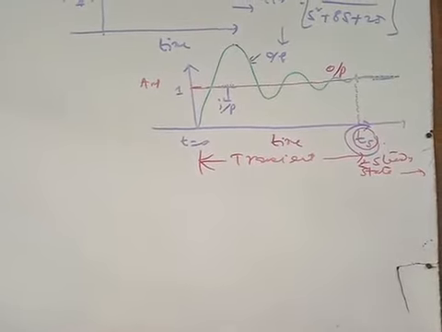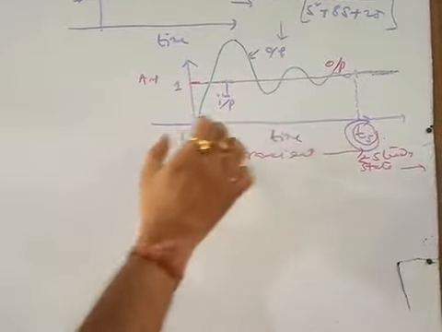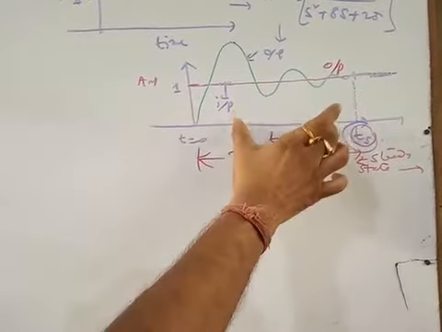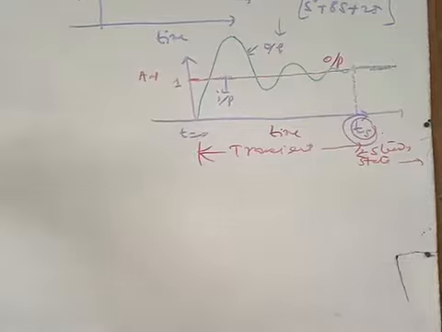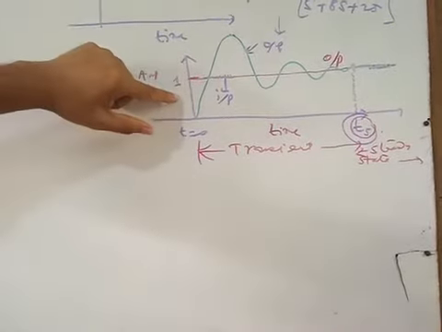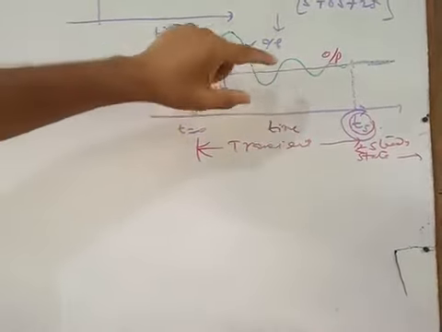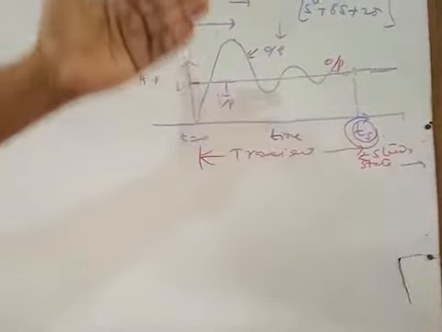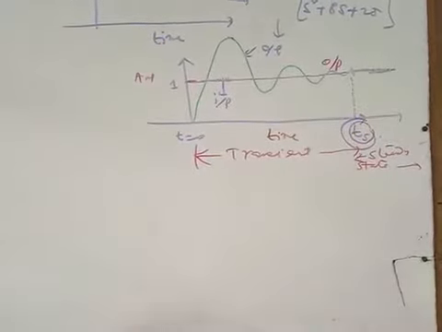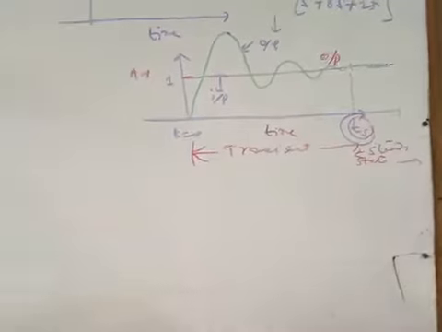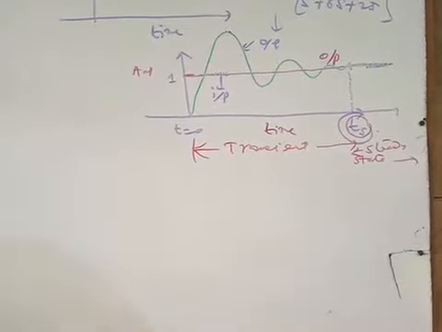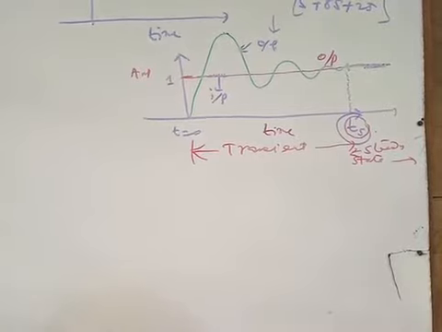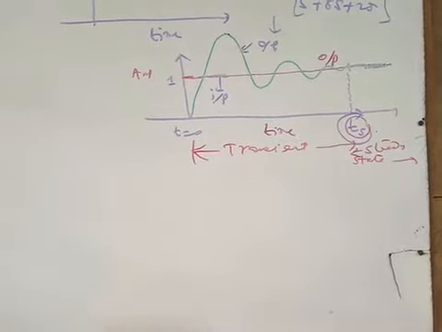So the transient part is that from a certain time, starting to a certain time, you get oscillations of the output signal about the desired value, that is about the input signal, and this is known as the transient part. And then after a certain interval of time, you get the output almost very close to the input. That means there may be some error, but the oscillation dies out.